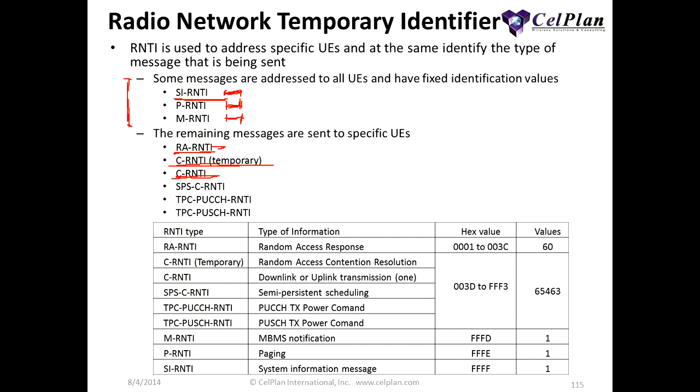It has a temporary one, and then it has a definitive one after a successful access. It has a semi-permanent scheduling identity, and it has transmit power control identities for PUCCH and PUSCH.